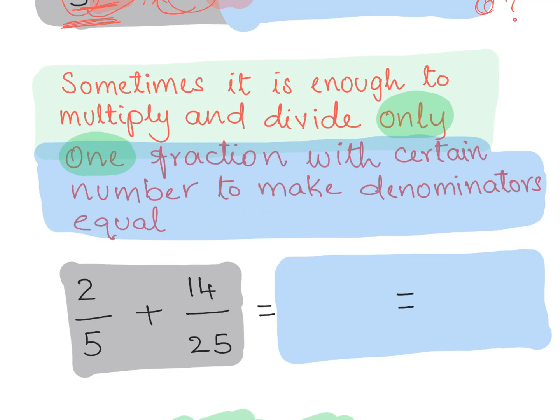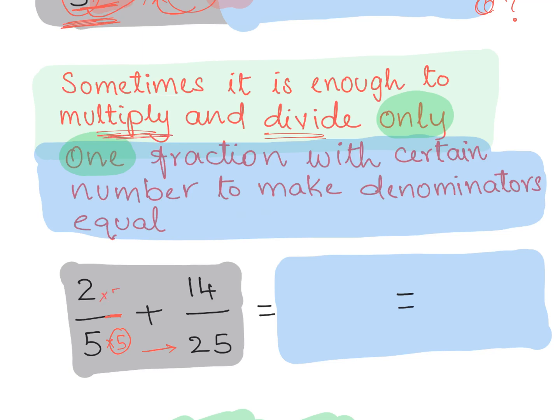Yes, it would be 5. So 5 multiplied by 5 equals 25, right? So whatever we divide, we have to multiply, right? We have to divide as well as multiply.